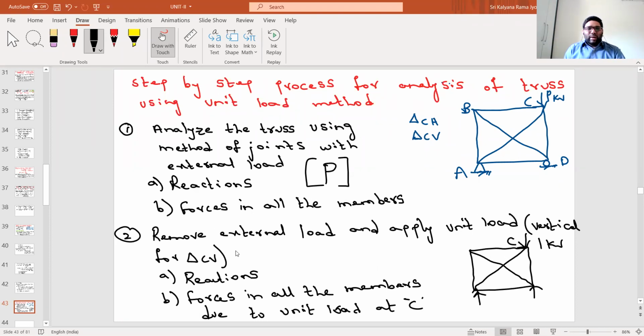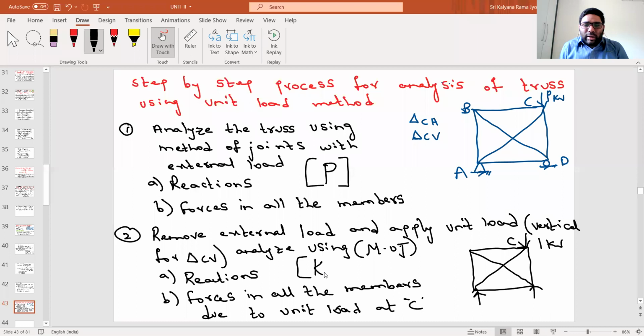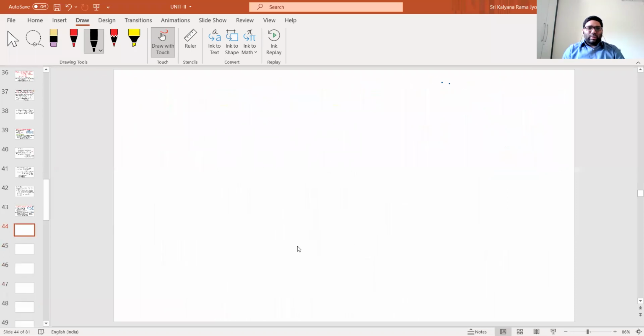Remove the external load, apply unit load and analyze using method of joints. MOJ means method of joints. If you are asked to calculate only vertical deflection, then this will be K1. Next, what is the third step now?